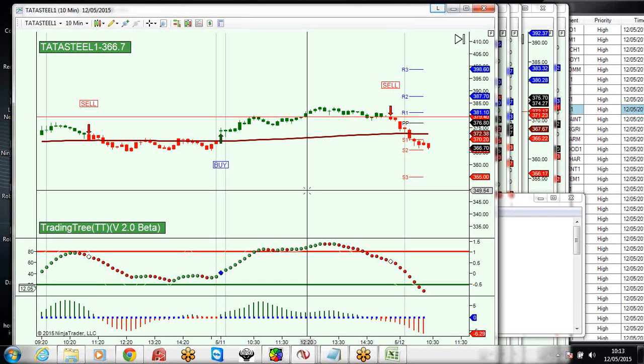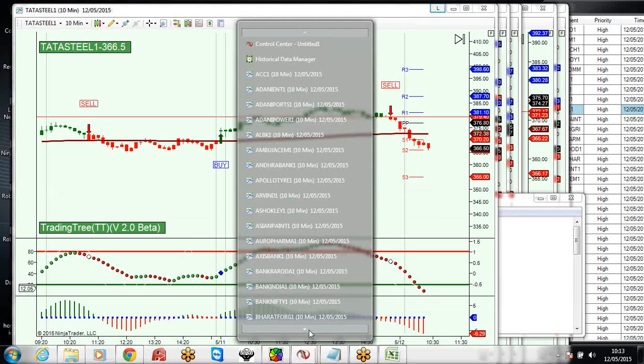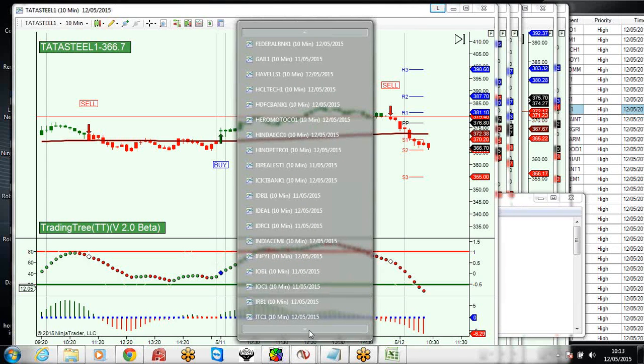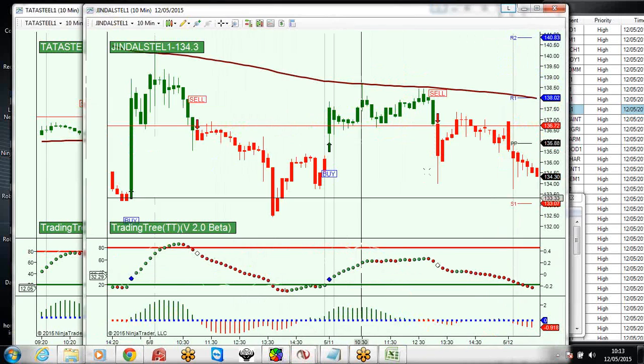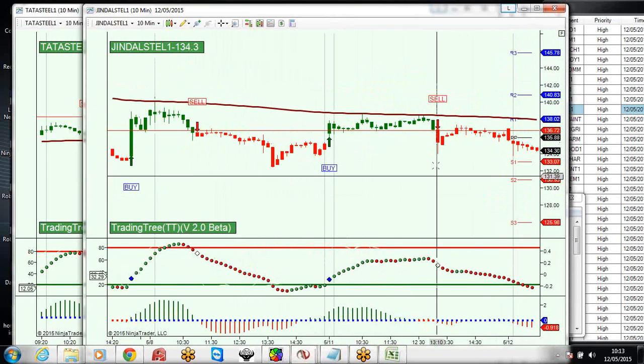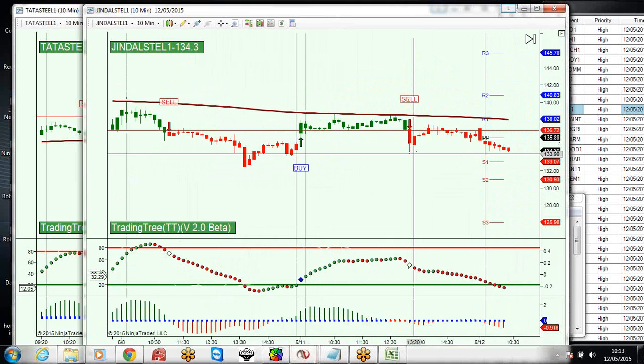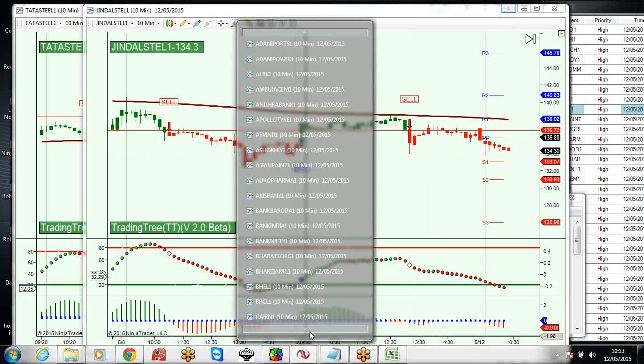Metal pack, most of the metal pack is in red. You can see that with Jindal or JSW. You can see Jindal. You can short it here again, 133.90. Same with JSW.